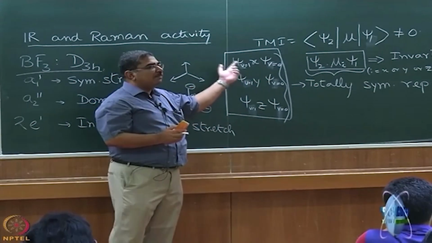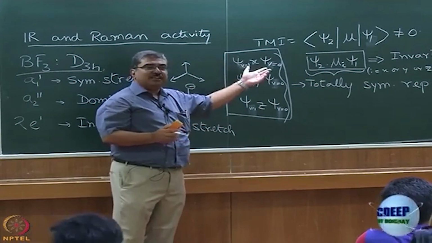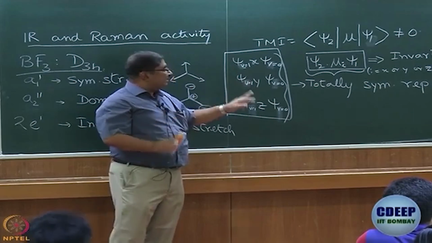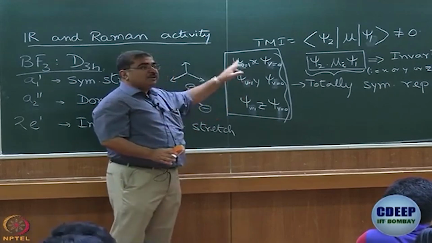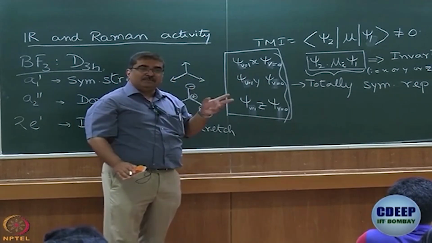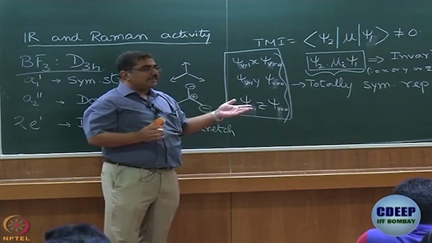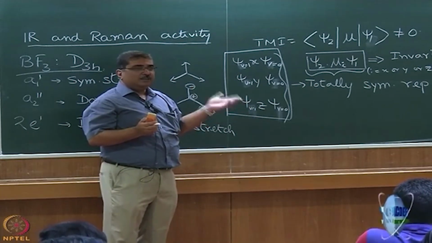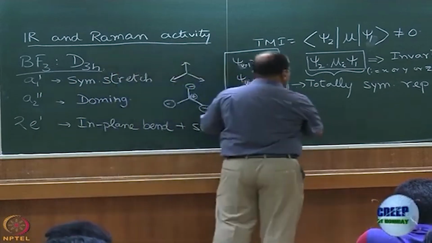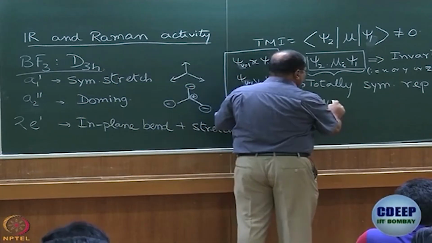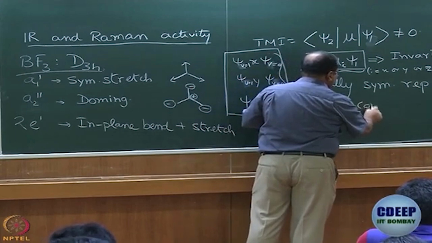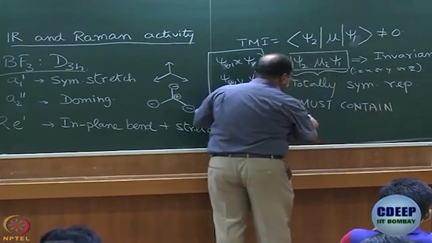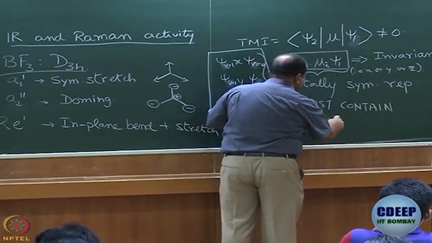Because then it will be 1 multiplied by minus 1 multiplied by minus 1, or minus 1 multiplied by 1 multiplied by 1, something like that. But suppose one of these belongs to a more than one dimensional representation, then the product is going to be a reducible representation, right? So, what we are saying is this triple product must contain a totally symmetric representation.